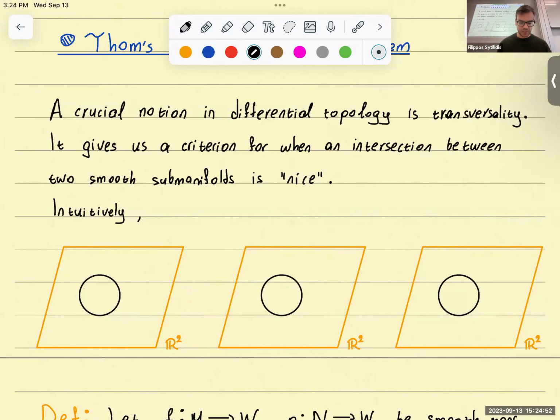And nice is one of these super dangerous words in mathematics, but at least an intuitive picture to have in mind is, if you give me a circle in R^2 and you give me a line, this is an intersection that I want to think of as nice. This is another intersection that I want to think of as nice, namely no intersection at all. And this is an intersection that I don't want to think of as nice.